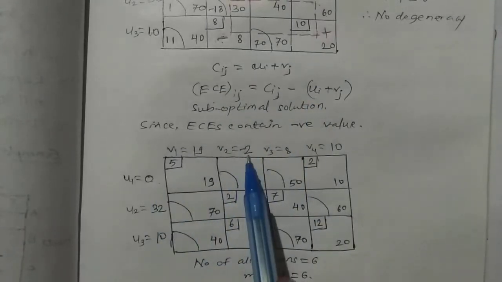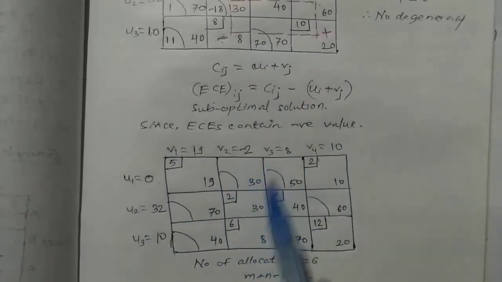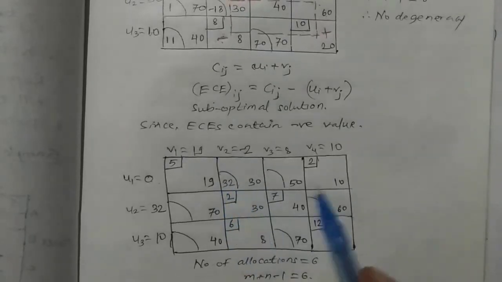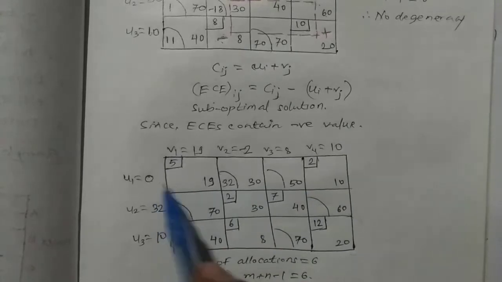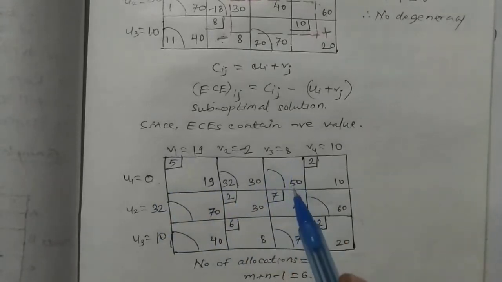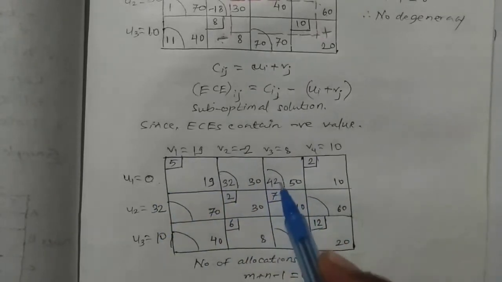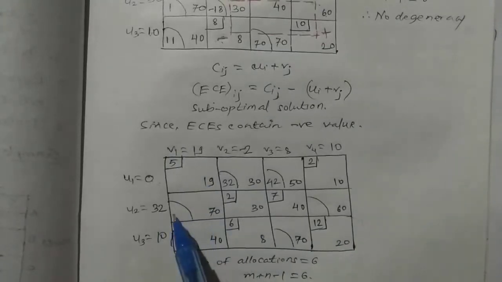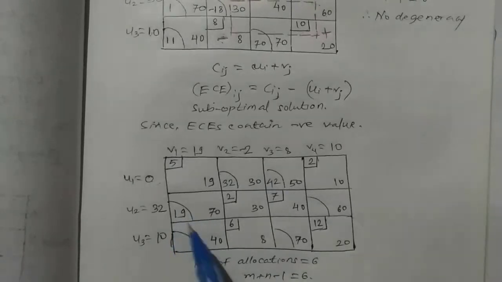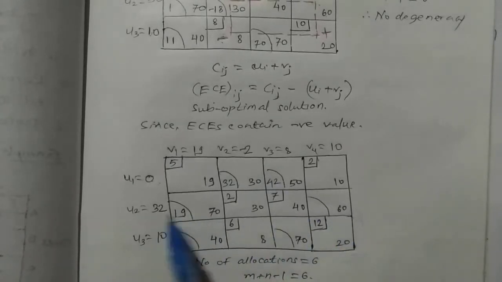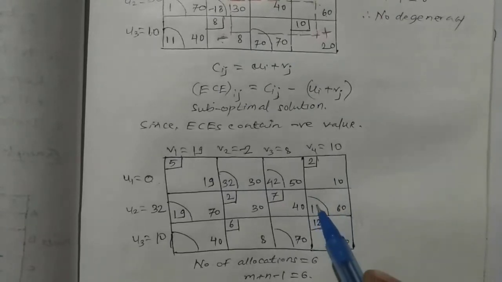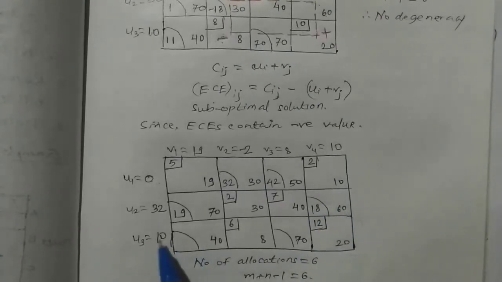So addition of these two is 0 plus minus 2, minus 2, 30 minus minus 2 is 32. So here 0 plus 8, 8, 50 minus 8, 42. 32 plus 19, 51, 70 minus 51, 19. 32 plus 10, 42, 60 minus 42, 18.